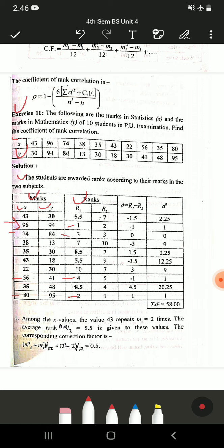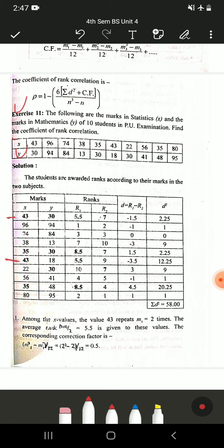The next highest number after 56 is 43, but there are 2 values. So 43 is repeated 2 times. There are 2 students who have scored 43 in statistics. Now how to assign rank? This is the 5th rank we are supposed to assign and this is the 6th rank which we are supposed to give.